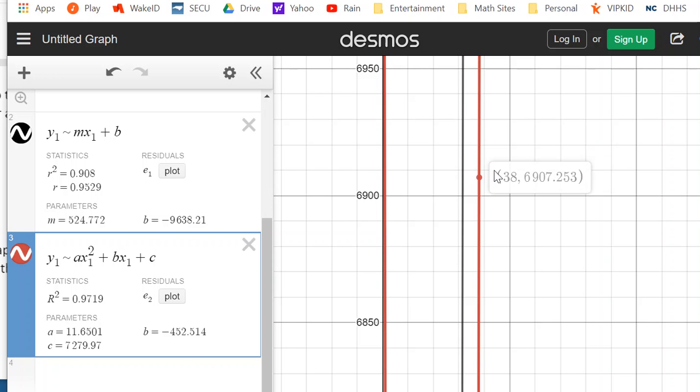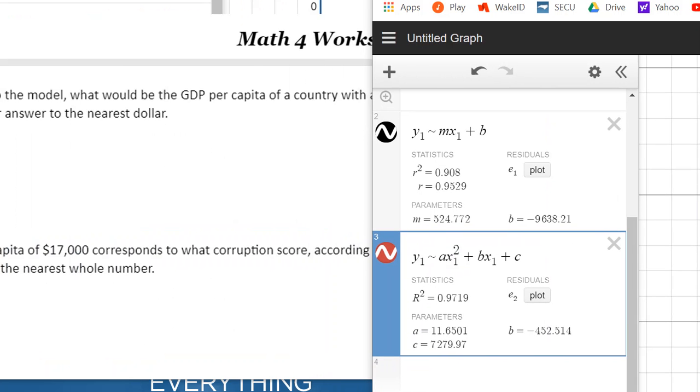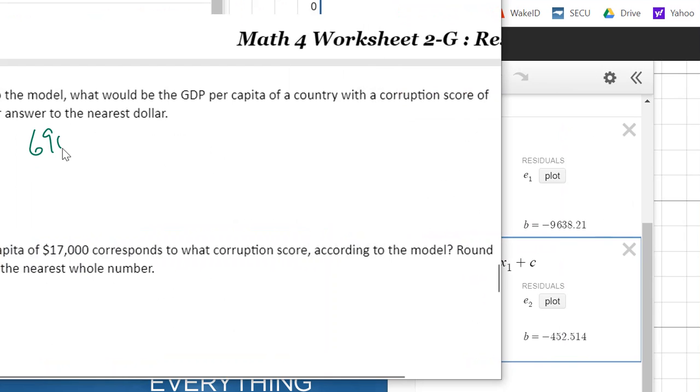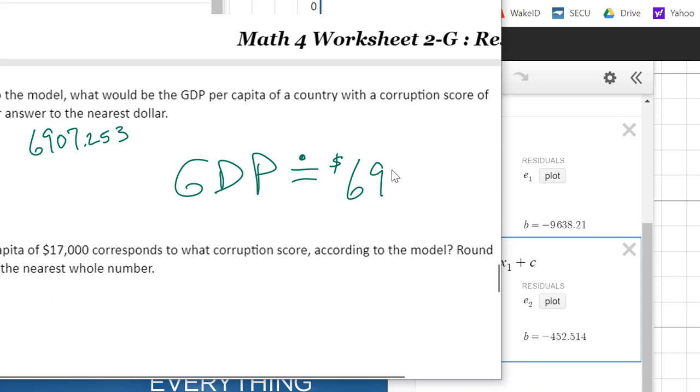There's 38, 6907.253. When X is 38, Y is 6907.253. So to the nearest dollar, it would be 6907.